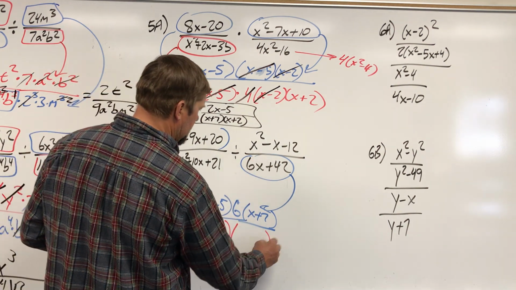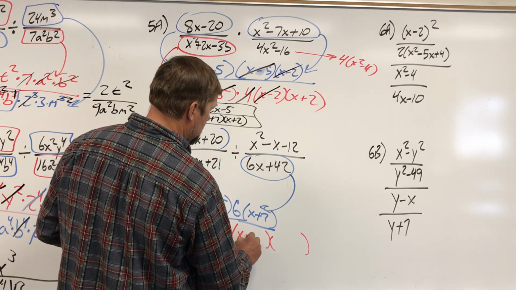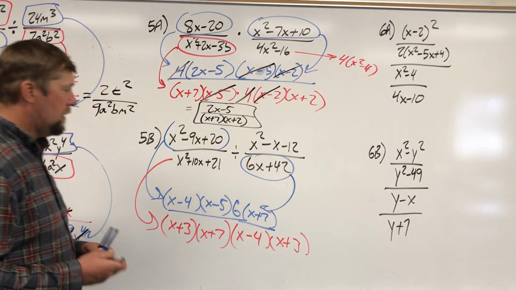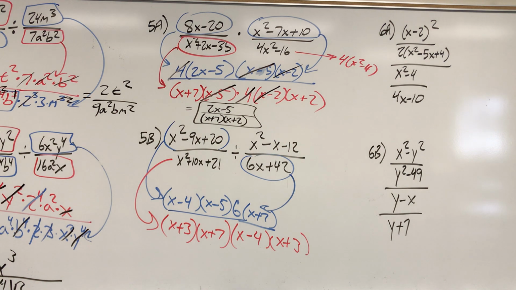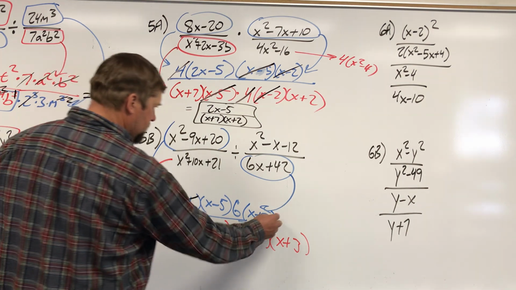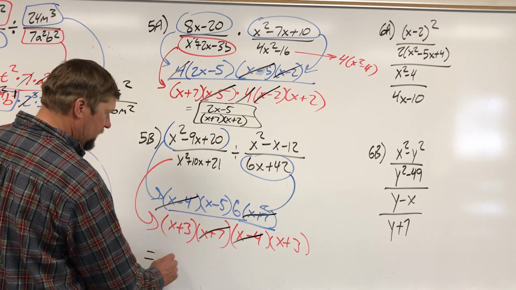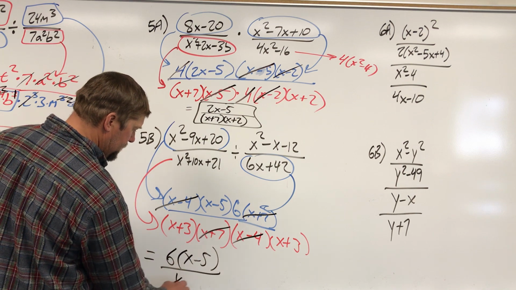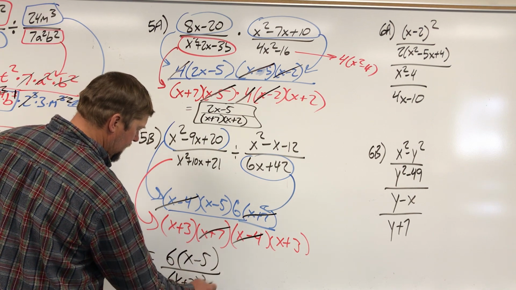And this one is x minus 4, x plus 3. All right, cancel those out. We have x minus 4 is the same, x plus 7's are the same, leaves me with a 6, an x minus 5 on the top, and an x plus 3 quantity squared on the bottom.